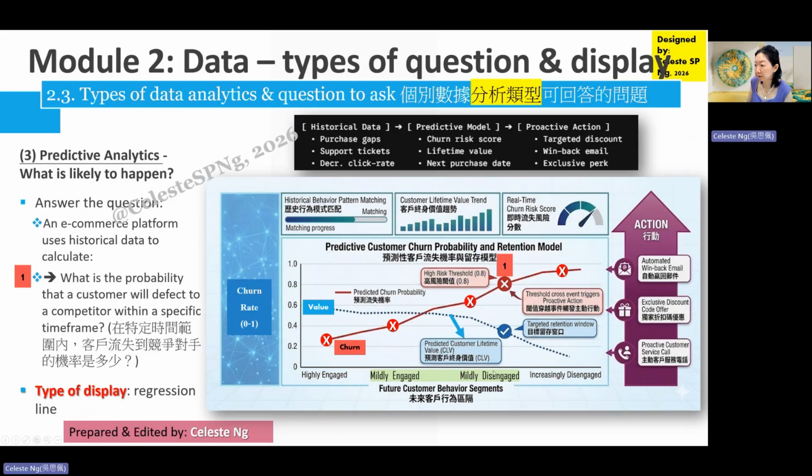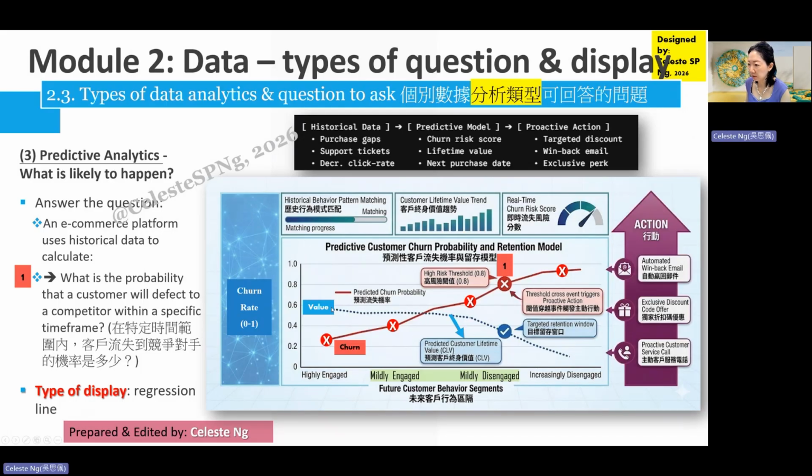Of course, the lifetime will end when the customer leaves our brand. When they leave, their lifetime value will be zero.